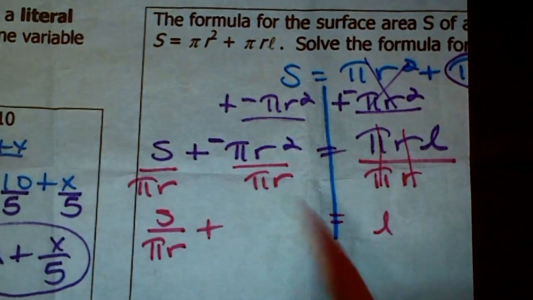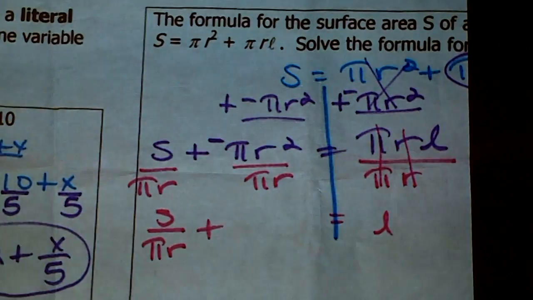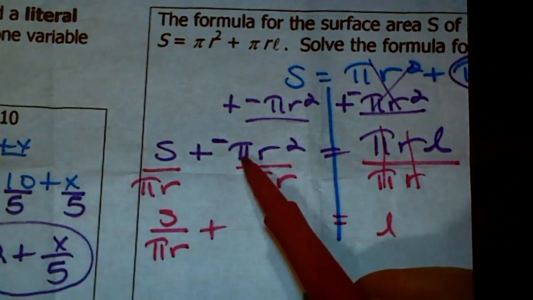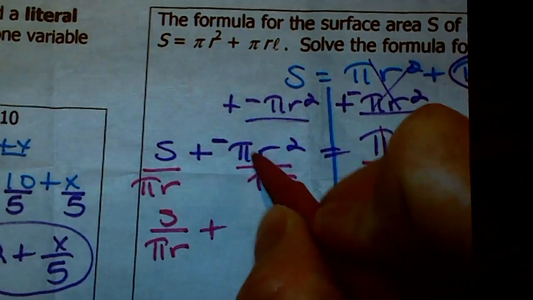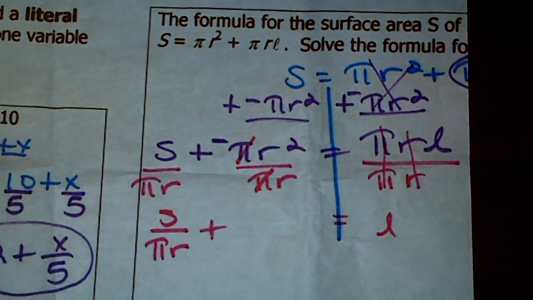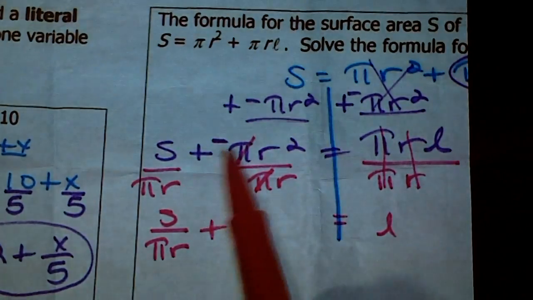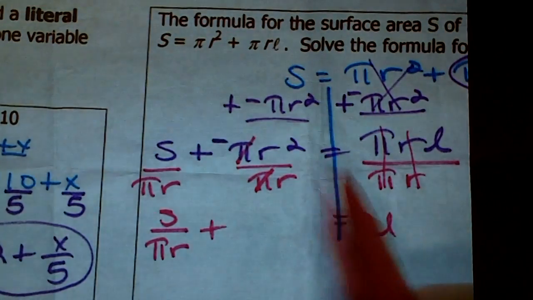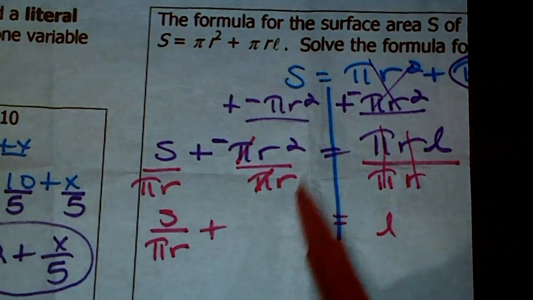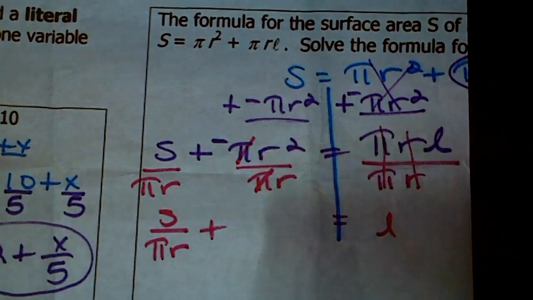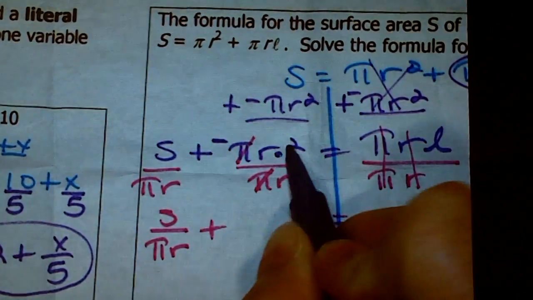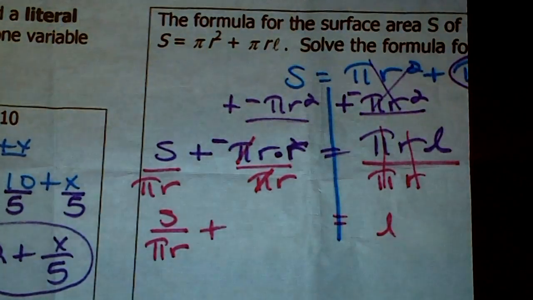Now, over here, there is some work that we can do. If I know that any number divided by itself is 1, then this pi divided by pi, or negative 1 pi divided by 1 pi, is gone. I still have this negative 1 here. And I have 2 r's that are being multiplied here and 1 r here. We're going to have a whole chapter on the laws of exponents, but here's your intro. r squared actually means r times r, right?